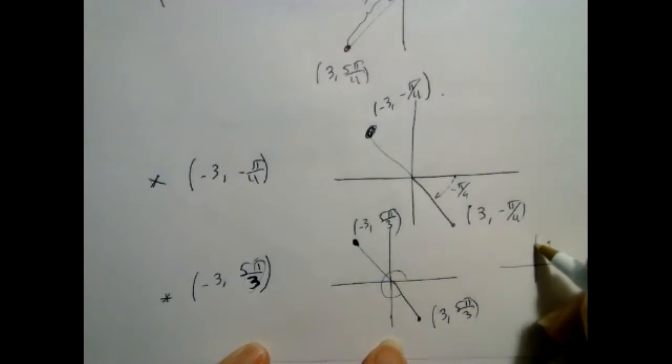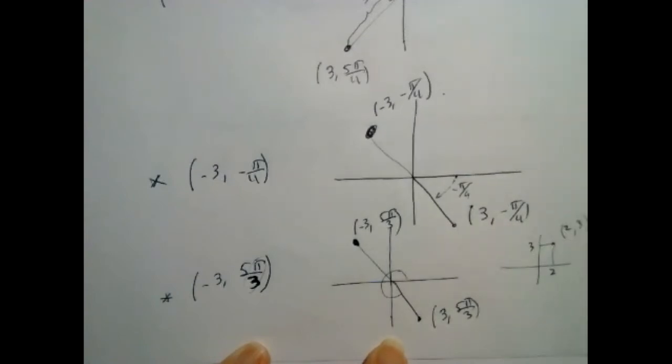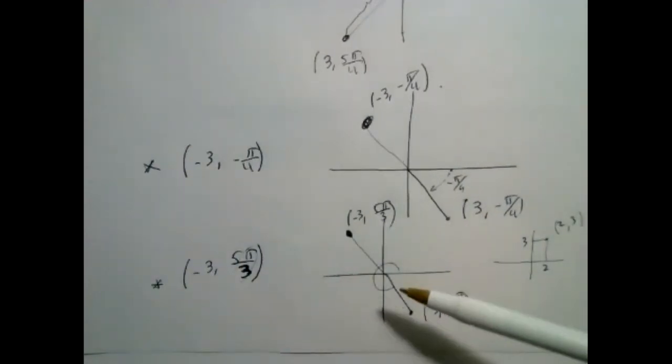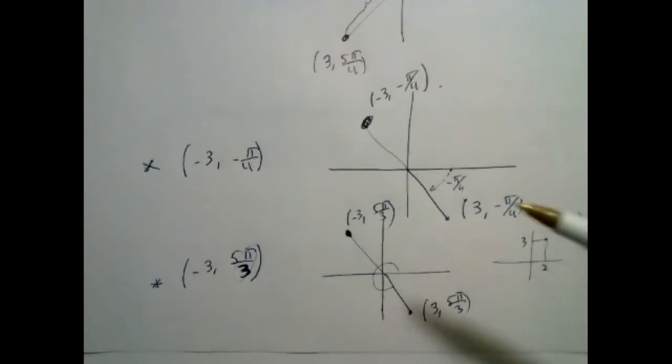If this is 2 and this is 3, this is 2, 3. No question asked. When you put points in polar, the points can have different representations in polar coordinates. The representation is not unique, because every point can have several representations.